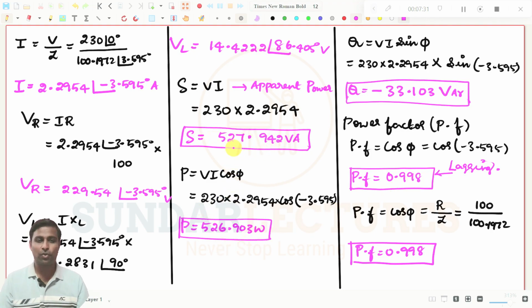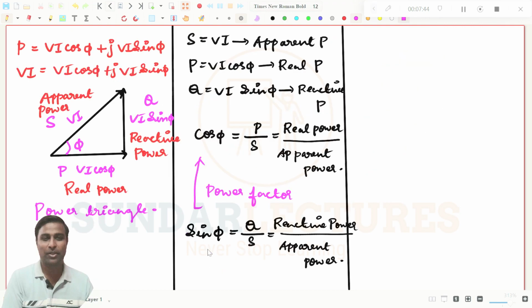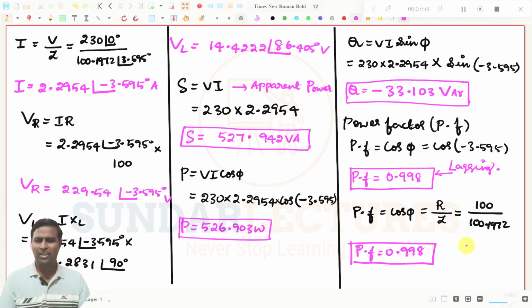If you want to get the power factor, another formula can also be used, and I think I have written that also in the RL circuit. Yes, I have written this one. What is cos φ? It is the ratio of real power to apparent power.